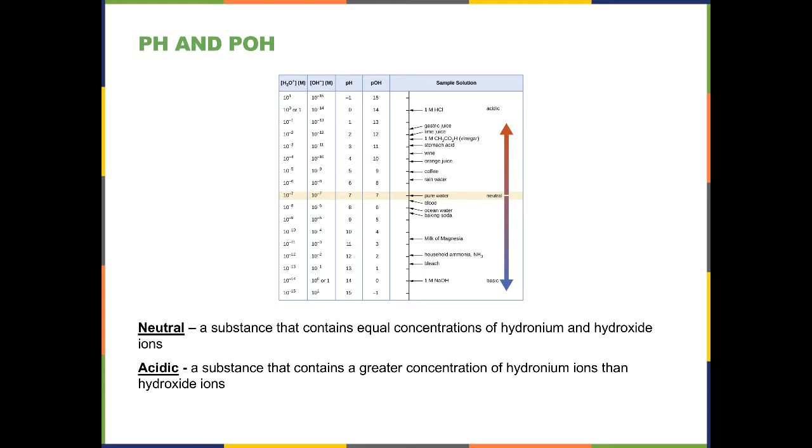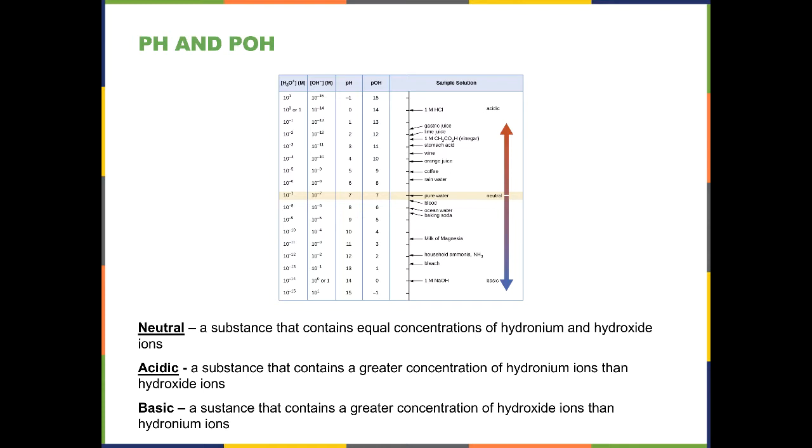Conversely, the basic substances have a greater concentration of hydroxide ions than hydronium ions, and these are all the ones below the highlighted neutral bar. And again, you'll notice that the pH numbers get larger and larger, and the pOH numbers get smaller and smaller.